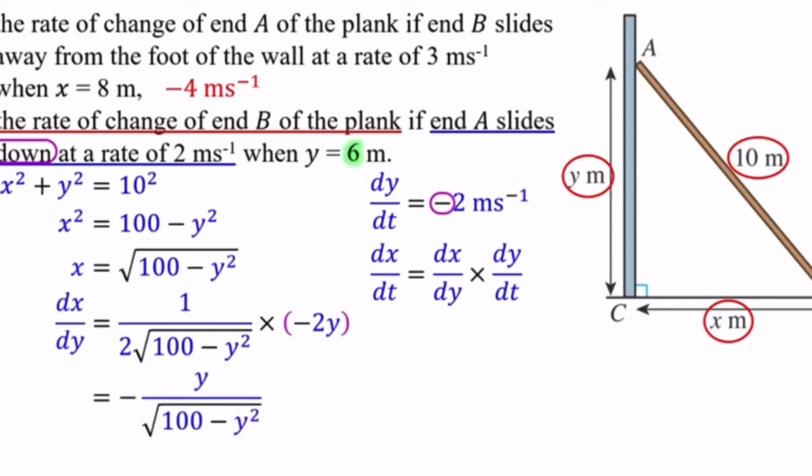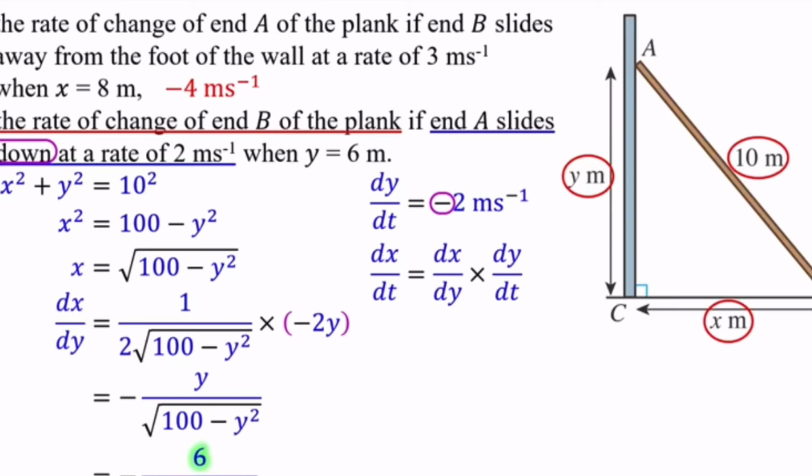So when y is 6 meters, dx/dy will be negative 6 over the square root of 100 minus 36, which is 64. Negative 6 over 8, right? So it's negative 3 over 4.